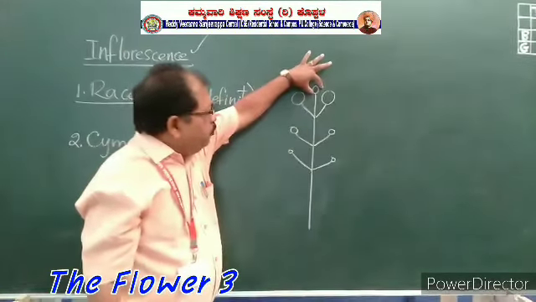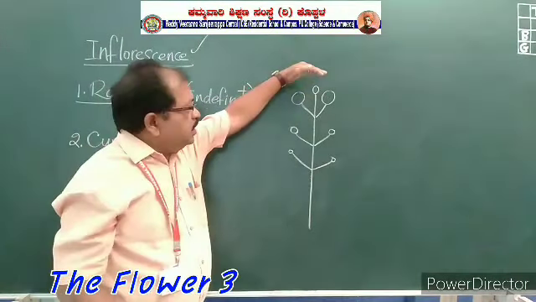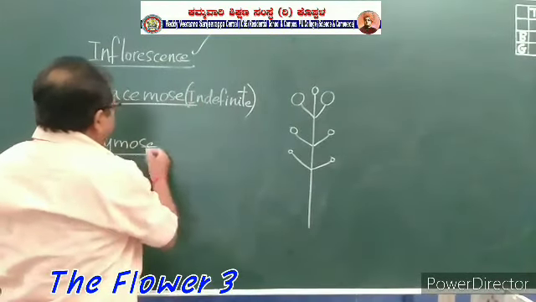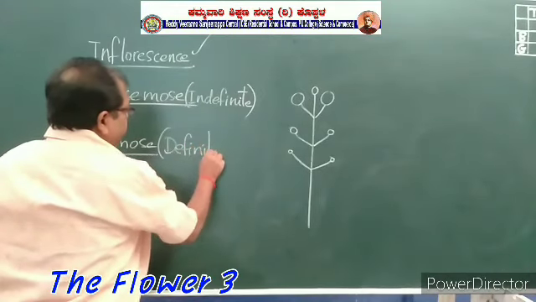Once the flower is grown at the shoot, the growth of the shoot will be stopped. So cymose inflorescence is also called definite inflorescence.